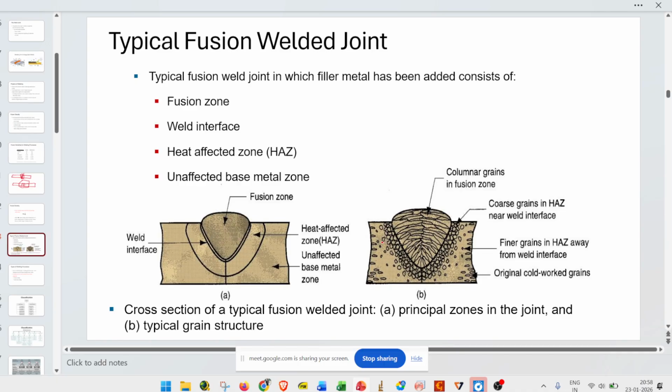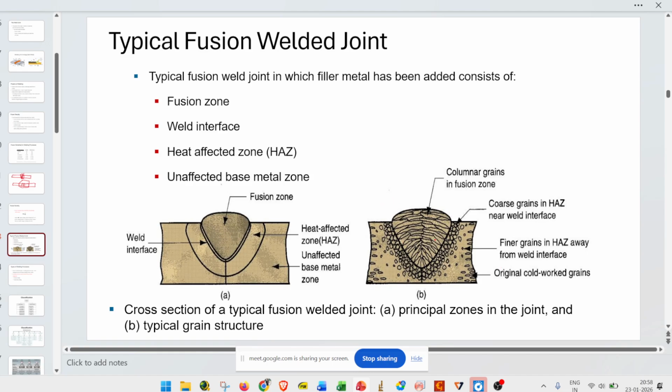Because of this, the smaller grains merge and become bigger, coarser grains. So that's why the microstructure here will be a bit different from the remaining parent material.